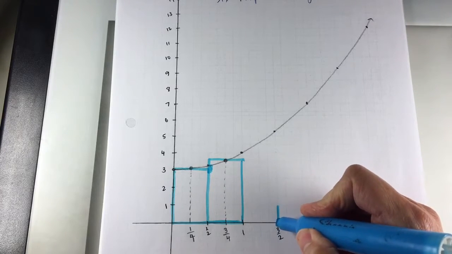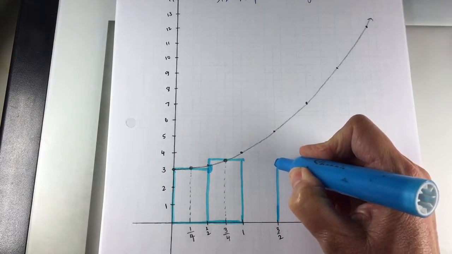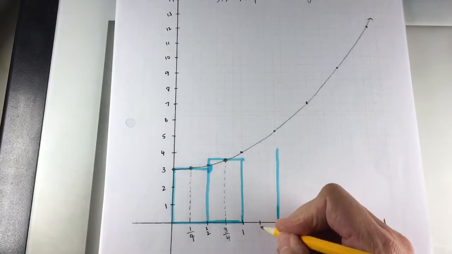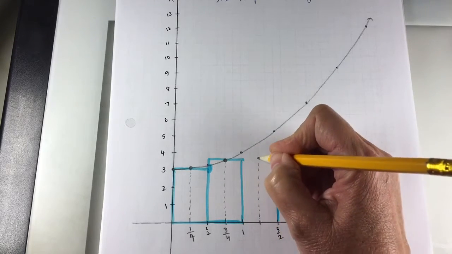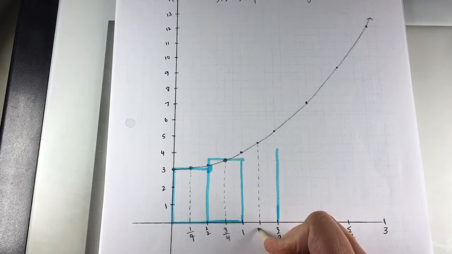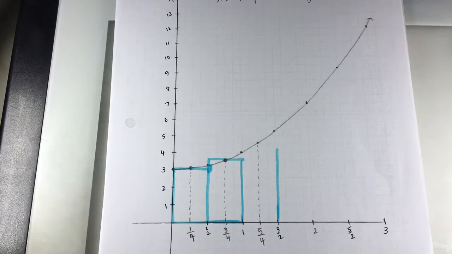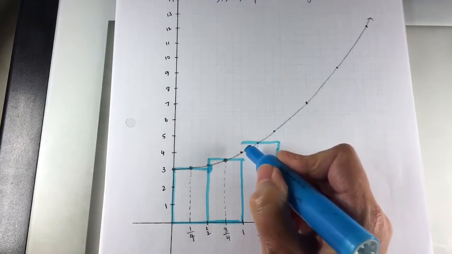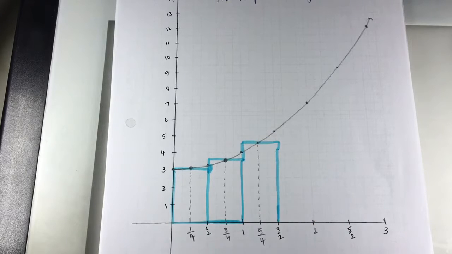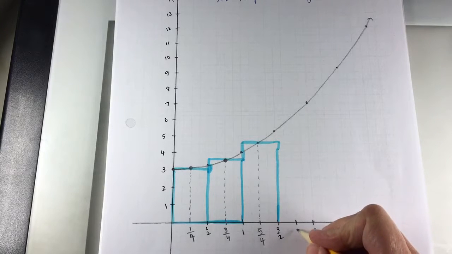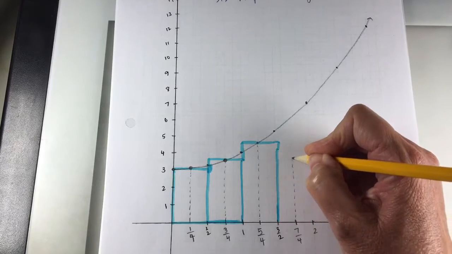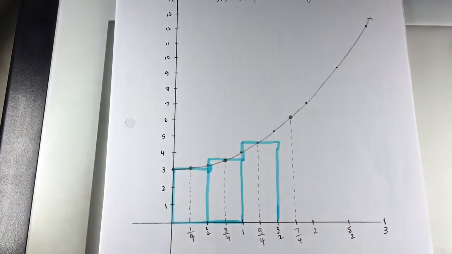The third one, the midpoint would be, what's that x value? 1 1/4, so 5/4. And so the top of the rectangle will be here. The next one, the midpoint, 1 3/4, so 7/4. And the top of it would be on this dot.